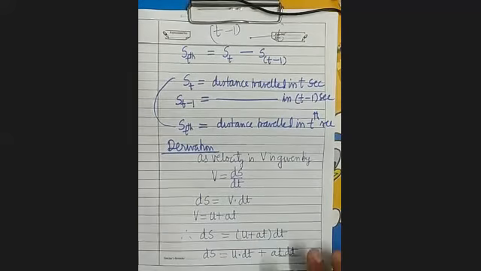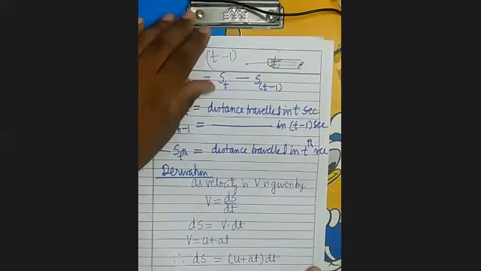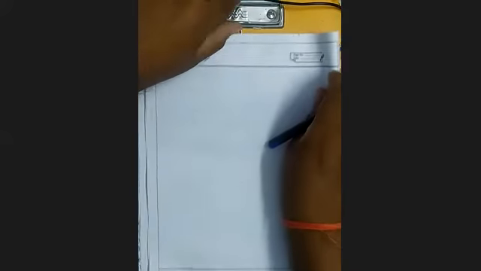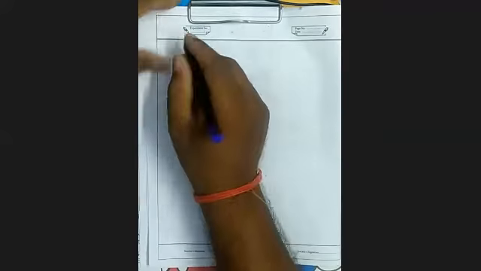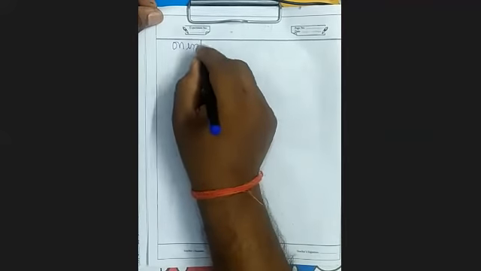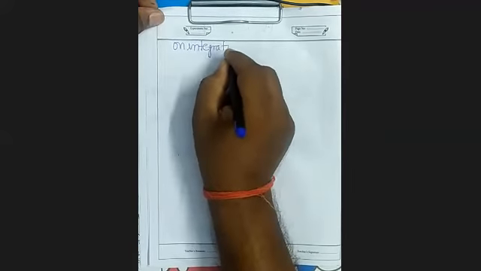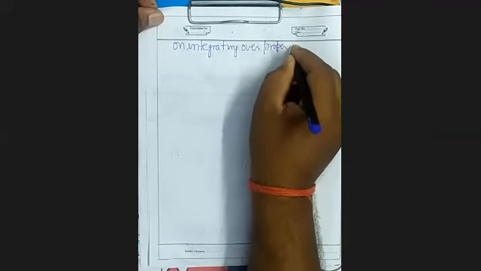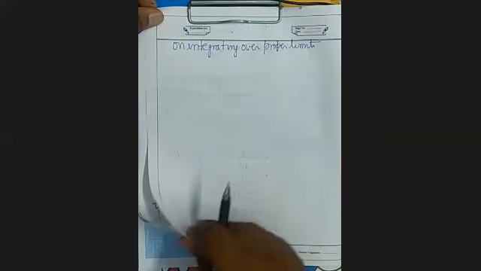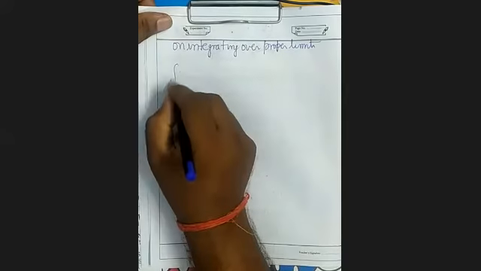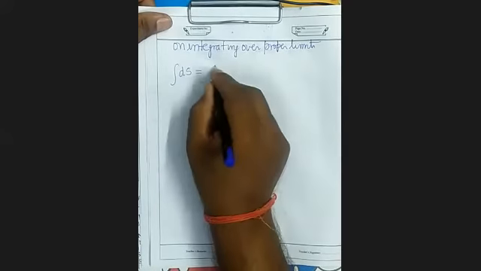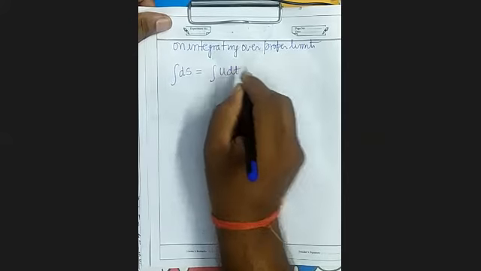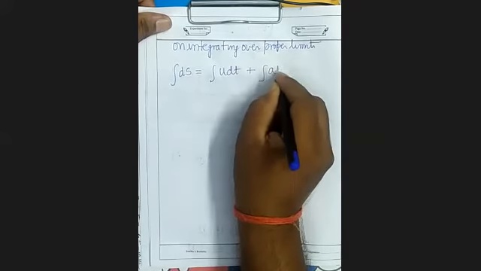Now we will integrate over the proper limits. On integrating over proper limits, integral ds equals integral u dt plus integral at dt.